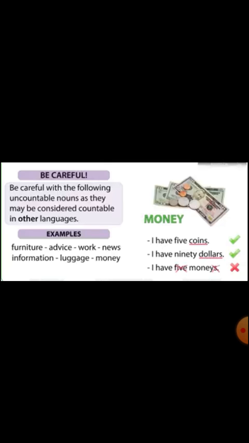When we count money, we say I have 5 coins. We don't say I have 5 monies. So this is the difference.